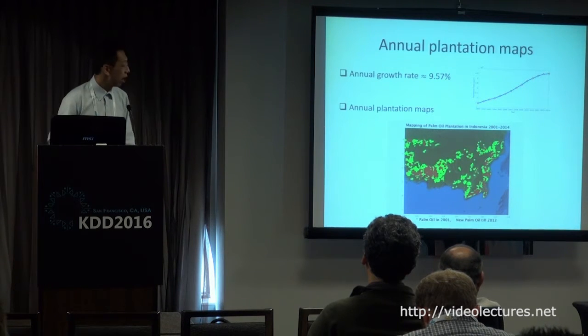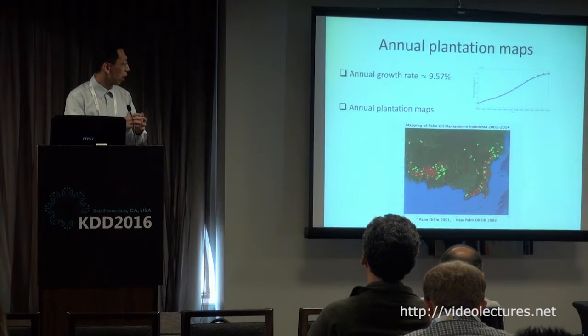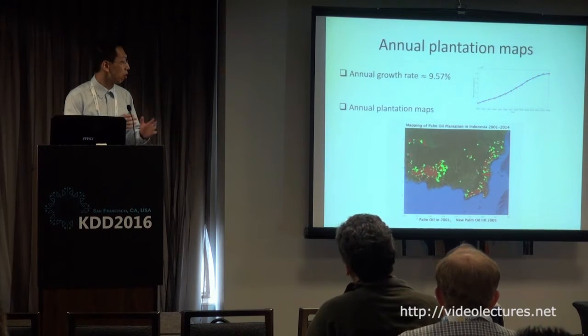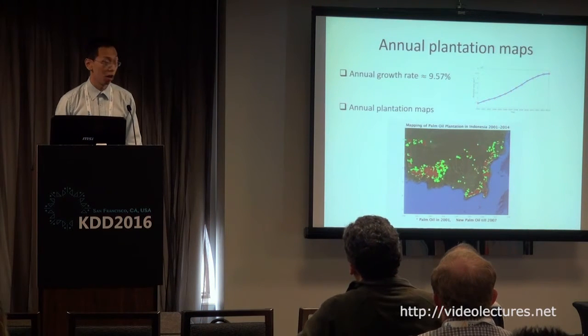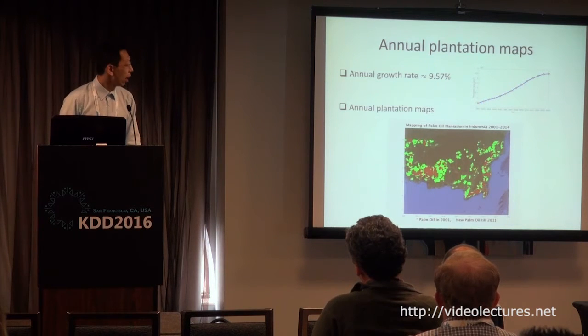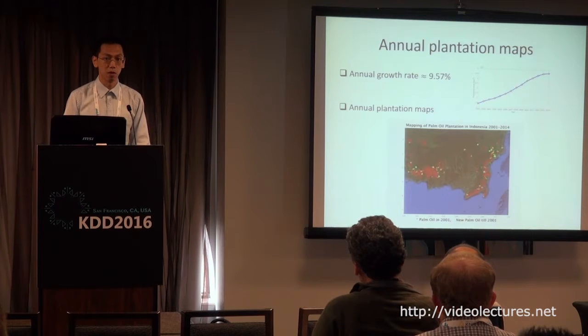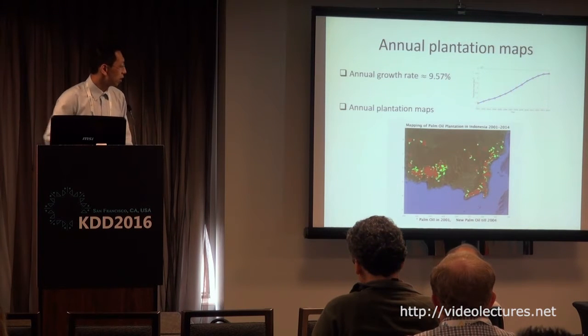And for the animation on the bottom, we can see that the plantation area keeps growing. Here, the red dots mean the existing palm oil plantation in 2001, and the green dots mean the new plantations from 2002 to the current year. It's very interesting here.